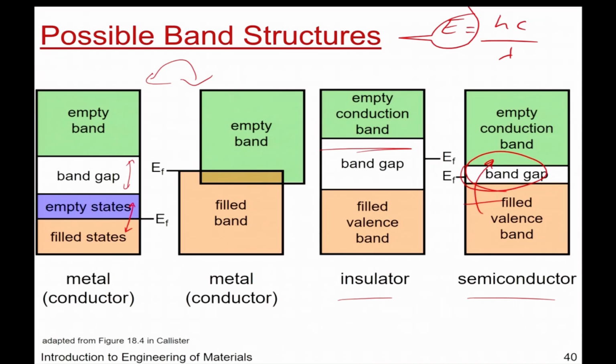Part of your book goes into conductivity of polymers and ceramic materials. We won't go into that. We'll only discuss semiconductors for this class, because as it is, there's already a lot of content packed in there. So I'm just going to focus on semiconductors for this module.